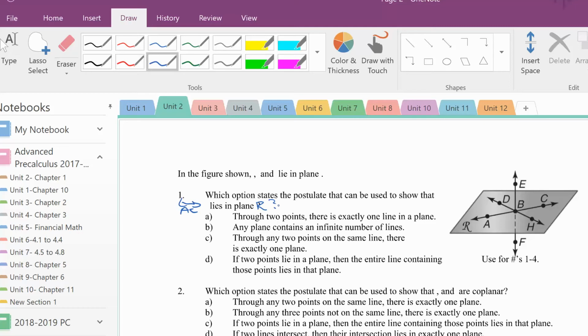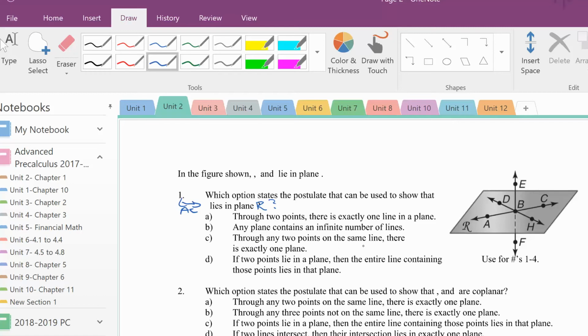That is not the postulate that shows that AC lies in plane R, because that is not one of the postulates. Through 2 points, there's exactly one line in a plane. Any plane contains an infinite number of lines. That is not a postulate.